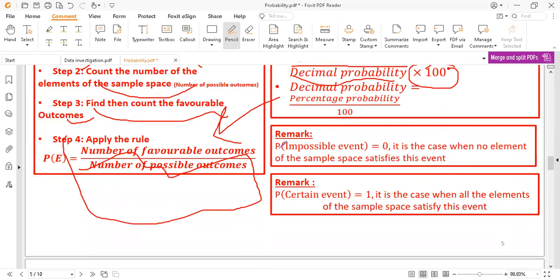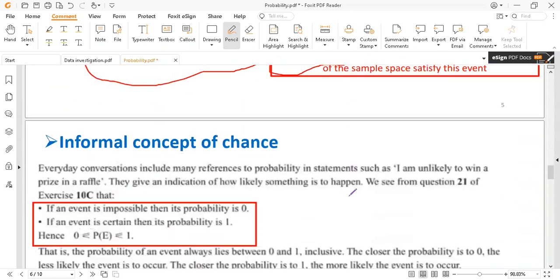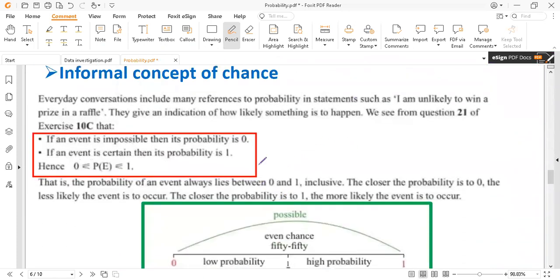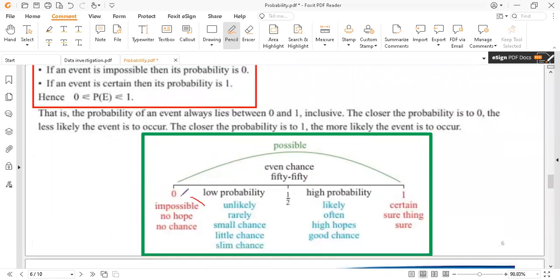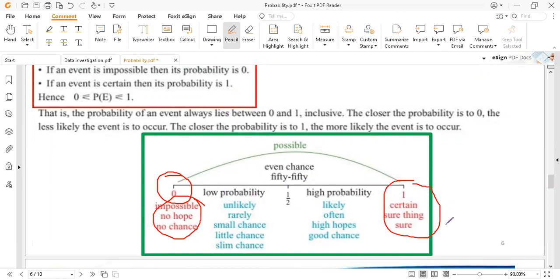It is easy to know that the probability of an impossible event is always 0, and the probability of a certain event is equal to 1. Okay. What we have to know about the informal concept of chance: the impossible, or no hope, or no chance has a probability equal to 0, and the certain, a sure thing to occur, equal to 1.